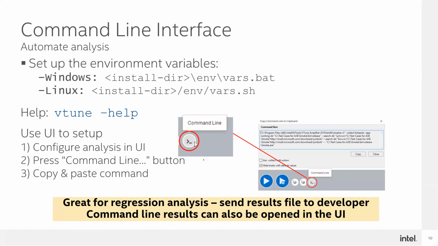And here the command line. We see it later in more detail. You can have a button here on the lower left, somewhere below the analysis configuration, and you can use this to generate a command line.